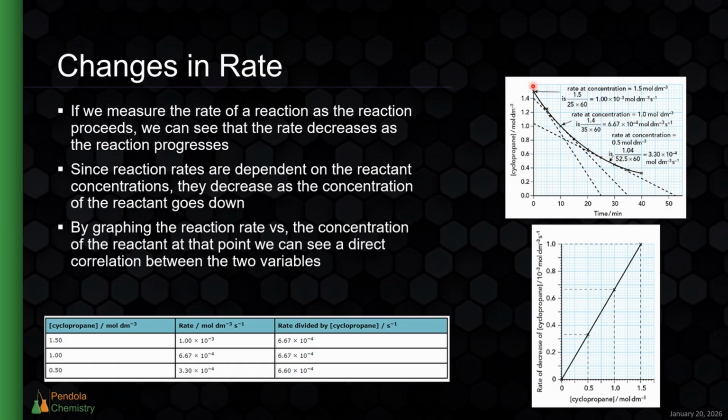This is the exact same graph we were looking at earlier. But now we have done the tangents at a bunch of different points. So we have the initial rate of the reaction, which is this first tangent right here at time 0. We have the instantaneous rate of the reaction at this point, which we were working with before, which is 10 minutes. And then we have another rate of reaction here at something, I believe, around 28 minutes.